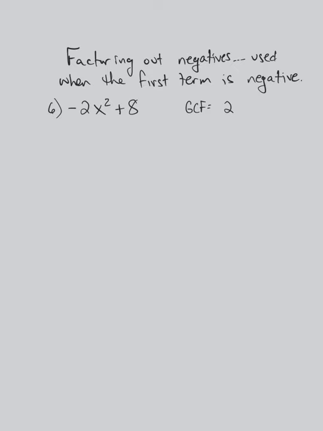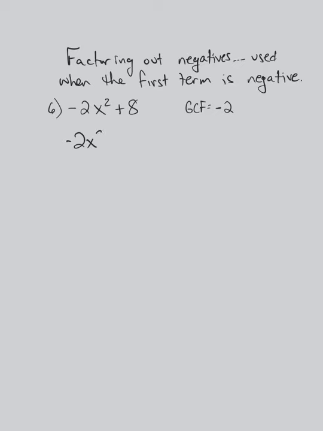Okay, and then notice there's no variable in the second term. So typically you might say that our GCF is just 2, but since our polynomial begins with a negative, we want to factor out that negative part as well. So we would actually say that our GCF is negative 2. All right, and now from there, everything proceeds the way we've been doing it.